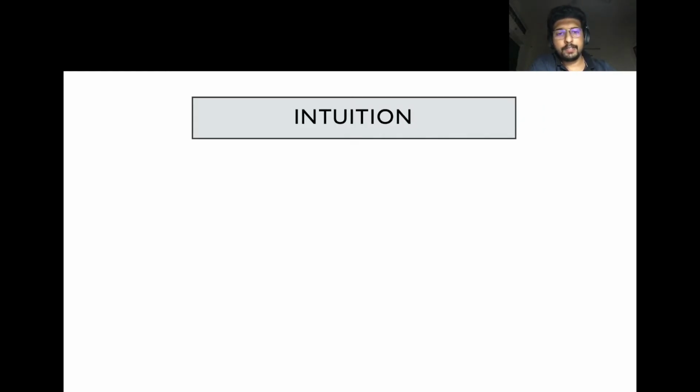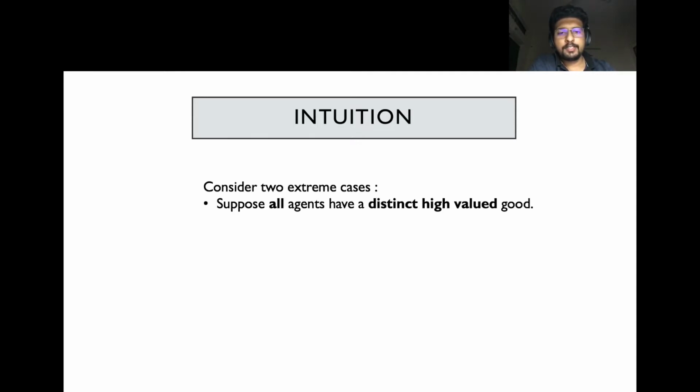So let's try to develop some intuition on how to tackle this problem. Consider that we have subadditive utilities for all the agents. To get a taste of how we solve this problem, let's start out by considering two extreme cases. First case, where we suppose that all agents have a distinct high-valued good in their Nash optimal bundle. That is, there exists a distinct good g_i whose valuation gives an n approximation to the Nash optimal bundle.